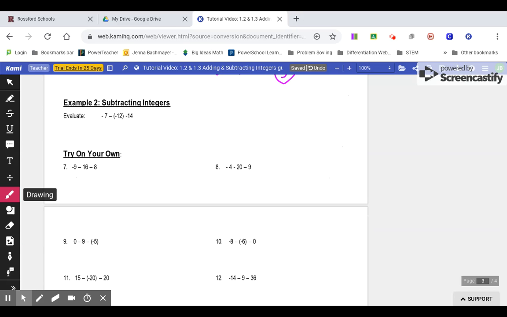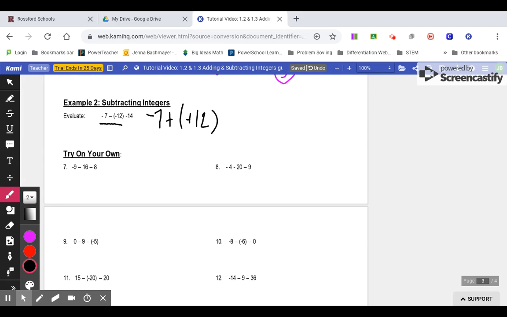In example 2, subtracting integers, they're throwing in a third integer. When you see 3 integers, just go ahead and tackle it how we were just doing previously. Do 2 integers at a time. So I'm going to do -7 minus a -12. I'm going to keep my -7, change my subtraction to addition, make that -12 a +12.